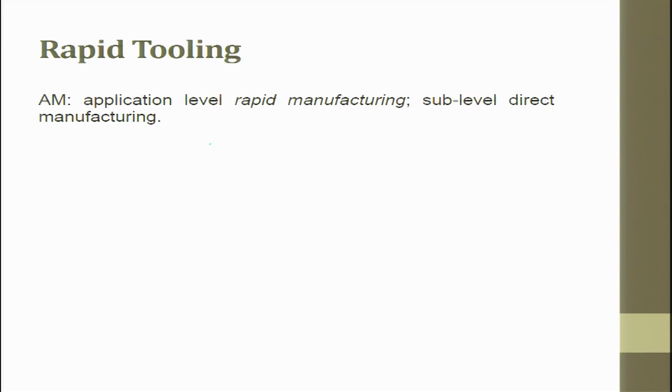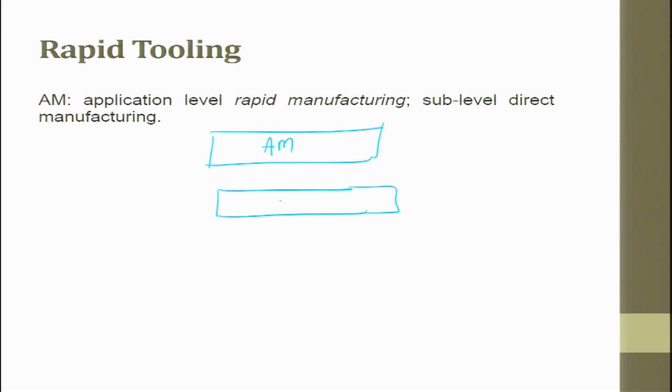So, now the same diagram we will start using. Additive manufacturing: this is rapid prototyping and this is rapid manufacturing. Here we had solid imaging, and then we have concept modeling.